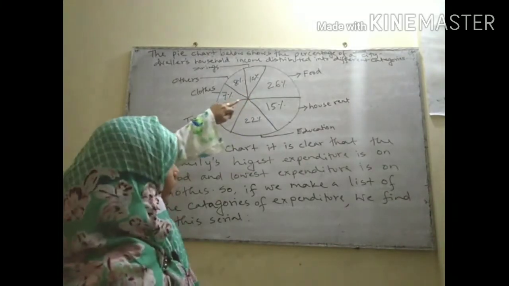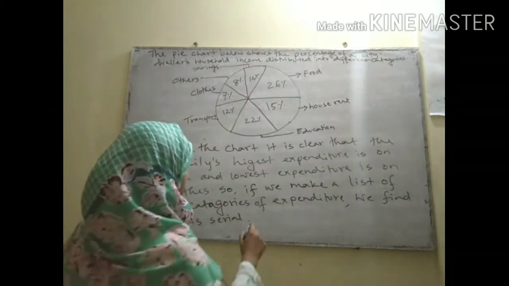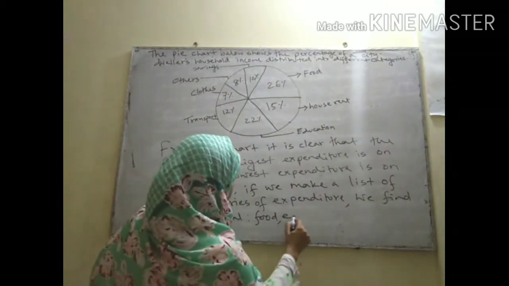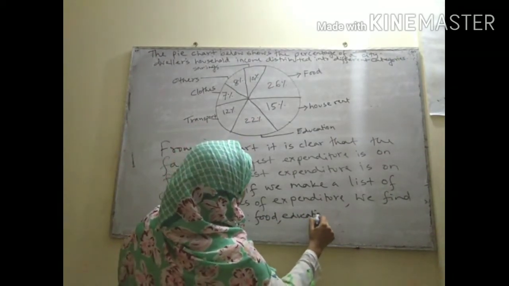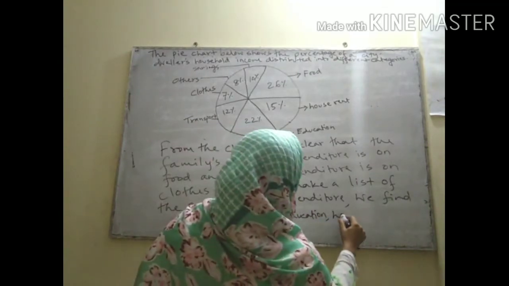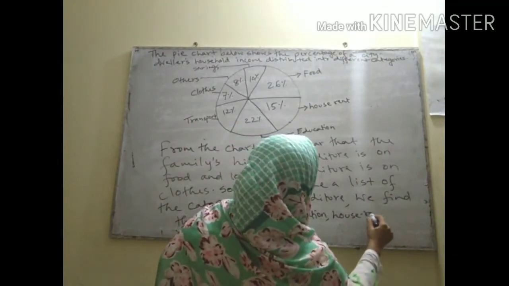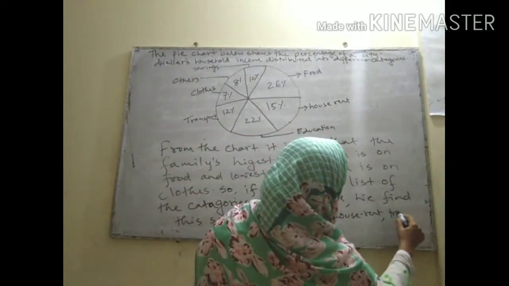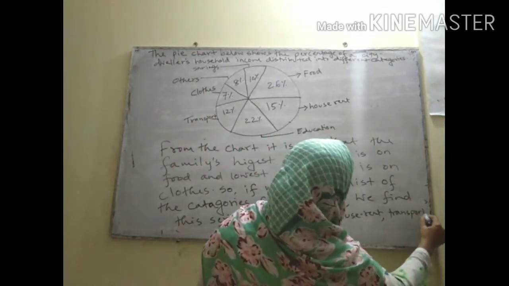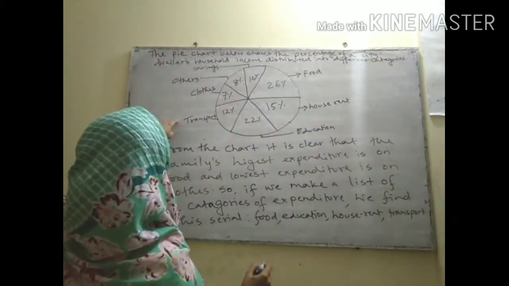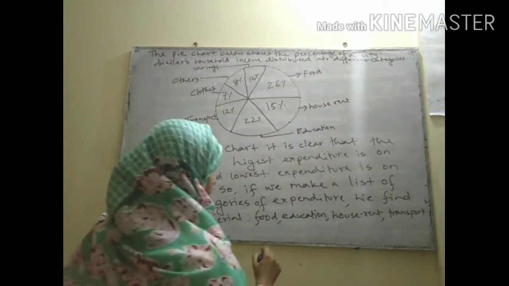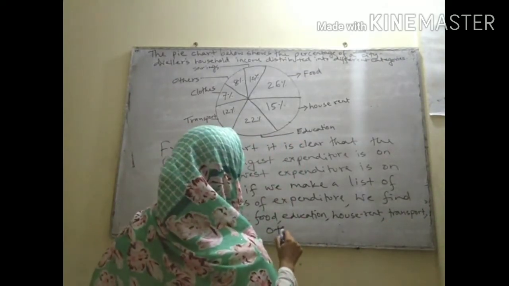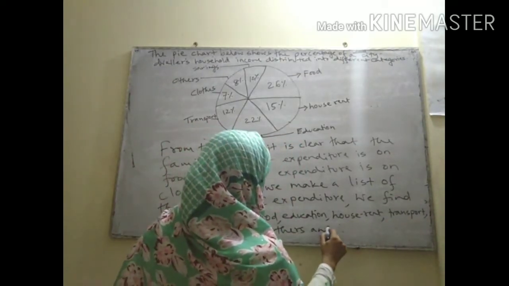Okay, so now here food is the highest, then education, then house rent, then transport, then others, and then clothes.